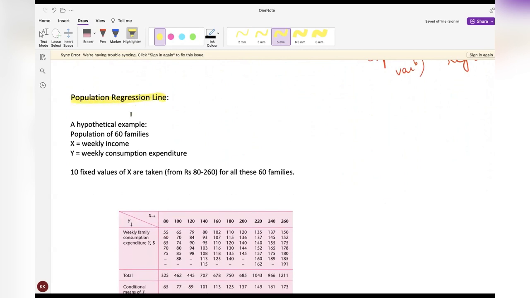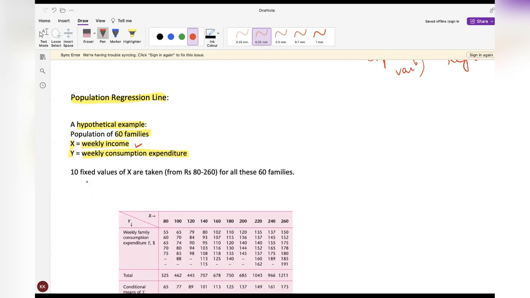Moving on to the next concept, we have the population regression line. To understand this, we will take a hypothetical example in which the population consists of 60 families. X represents the weekly income and Y represents the weekly consumption expenditure of these 60 families. We are also assuming that this X variable will take on only 10 fixed values, taken from an interval of 80 to 260 rupees.